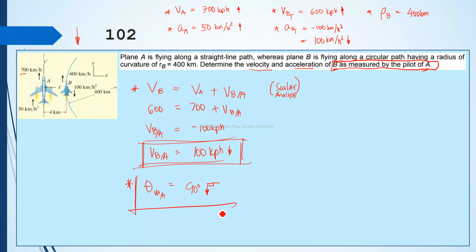How about the acceleration? With the acceleration, we can consider using the vector analysis. Why?